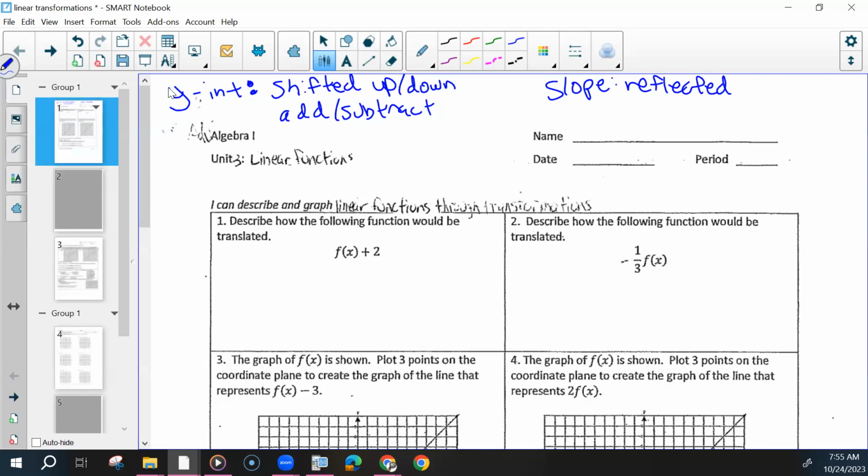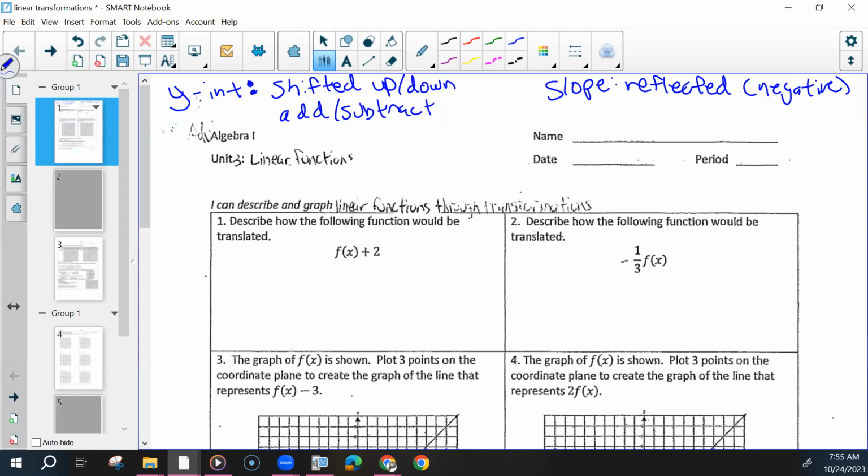It's always comparing to that original. So if it's been reflected, that means your slope is negative. Always. So anytime you have a negative slope, it's been reflected compared to the original. So all of these are comparing to the original, which I haven't written down.